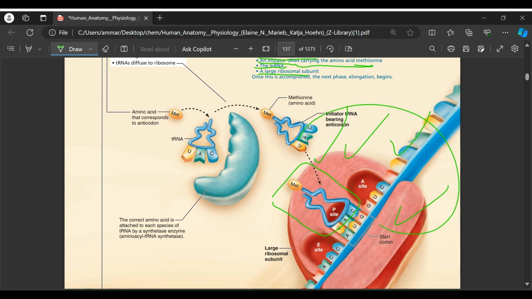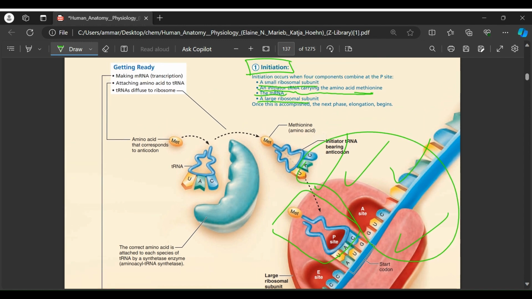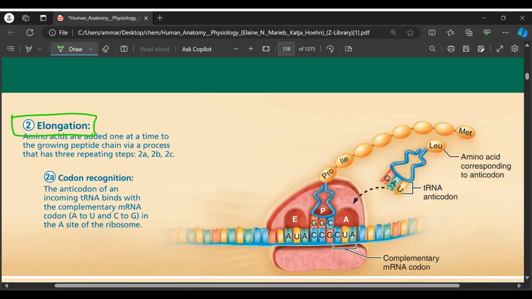So these four things have to be present in order to move to the next level, the elongation. Now, the elongation begins. In elongation, amino acids are added to each other and bonded by peptide bonds to form the polypeptide at the end. All right? This is the elongation.